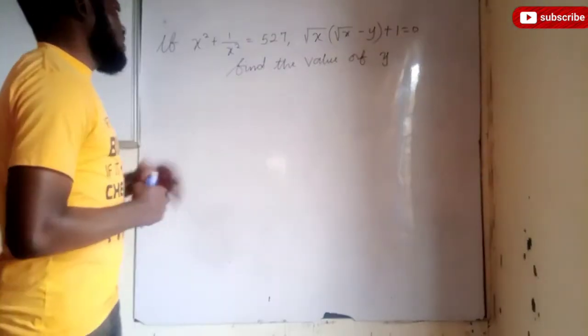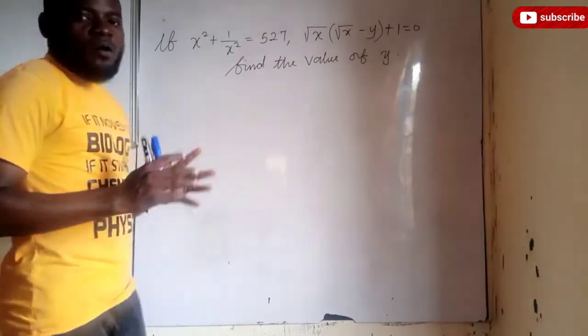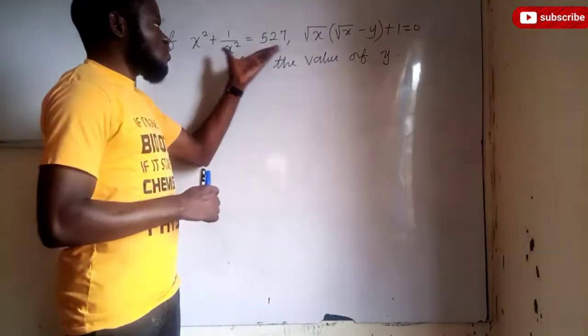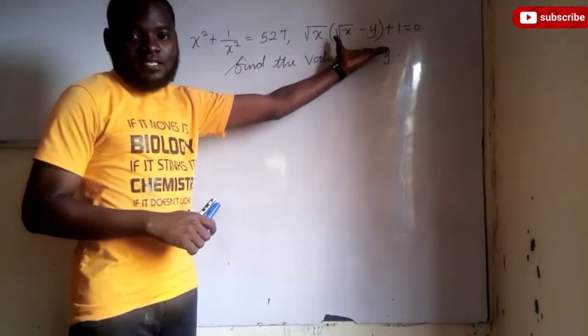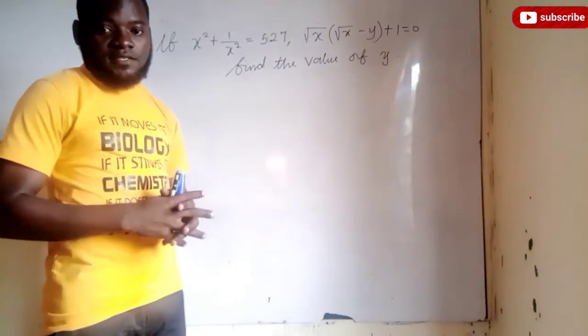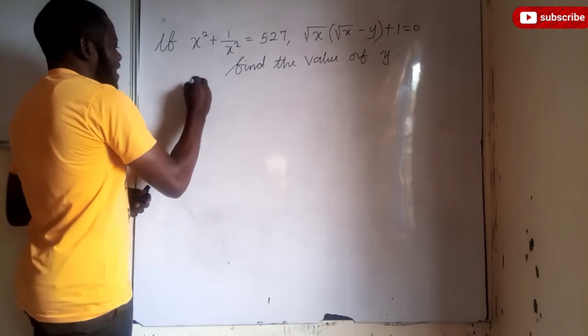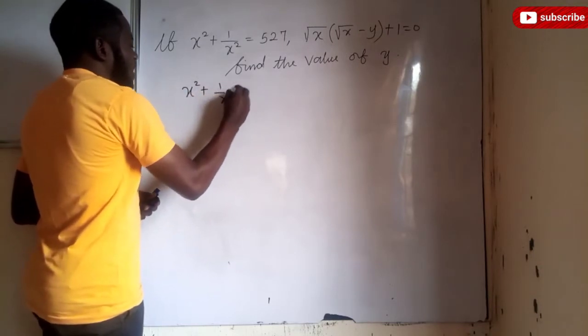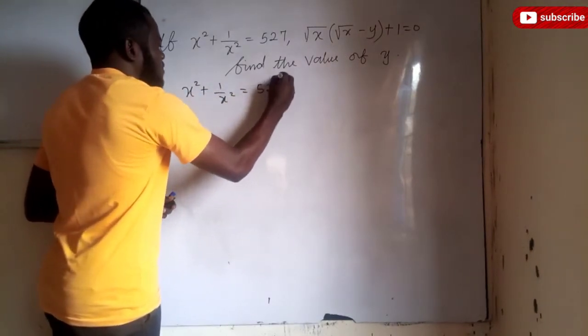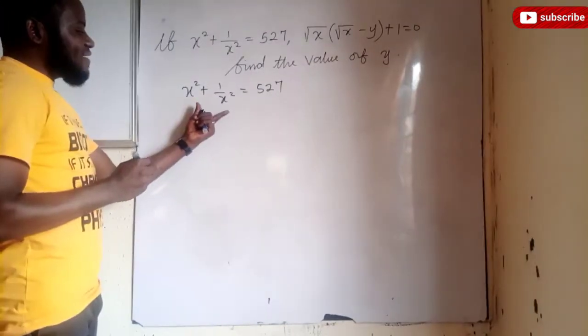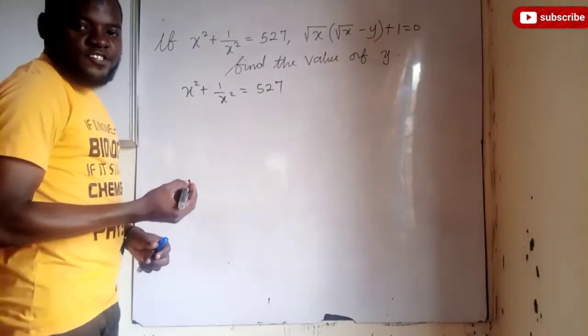Let's see how we can solve this. My focus is how to write this one so that it looks like this, so that I can compare coefficients. In order to do that, I can write this as x squared plus 1 over x squared equal 527. If you look at this square here, it's not a perfect square.